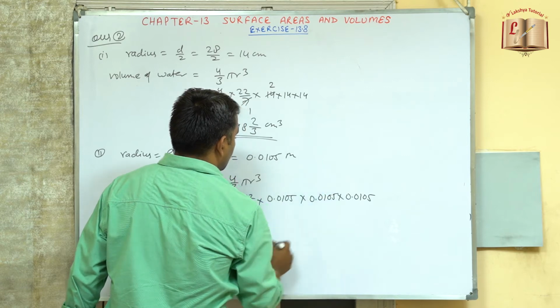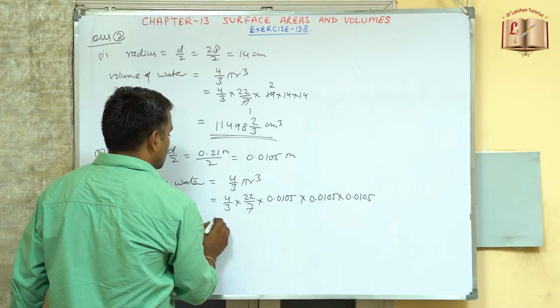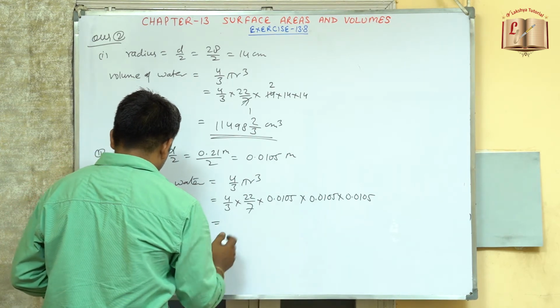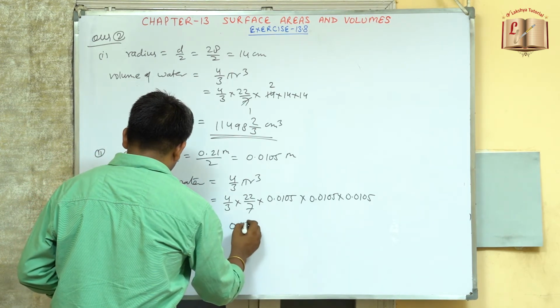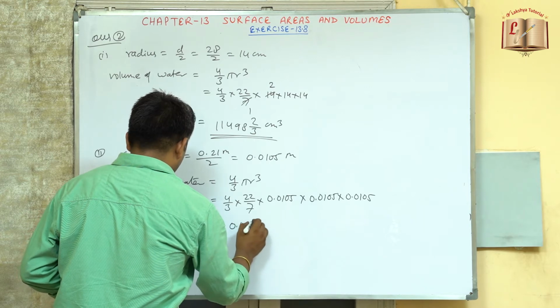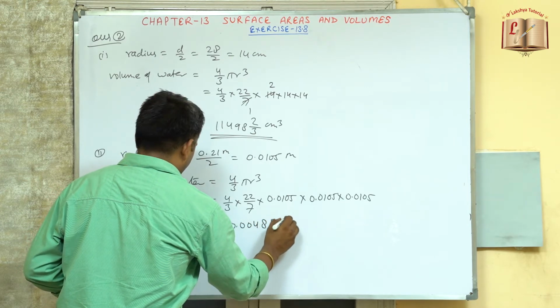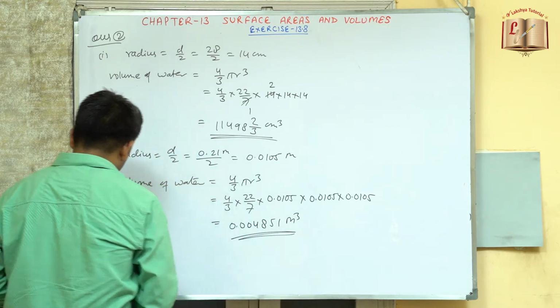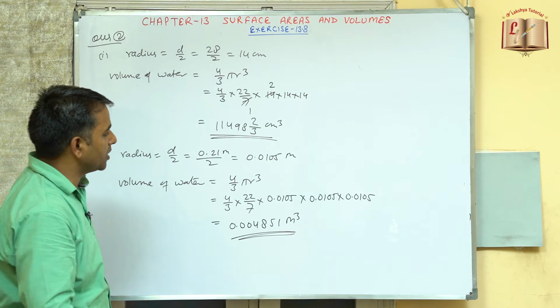So we need to multiply this. So on simplification, we got this as 0.004851 meter cube. So this is the volume of the water displaced by the spherical ball.